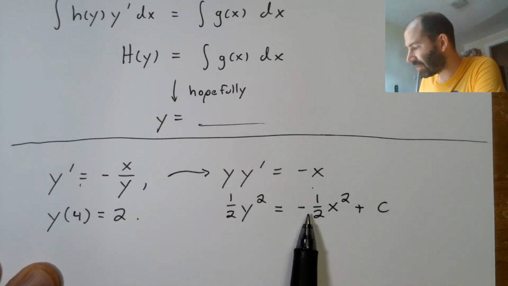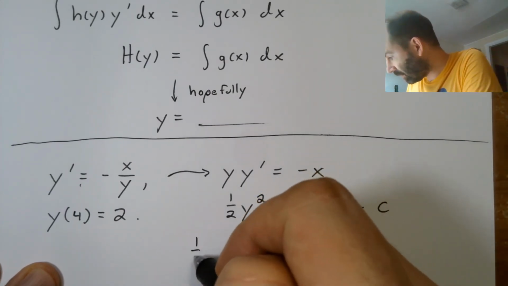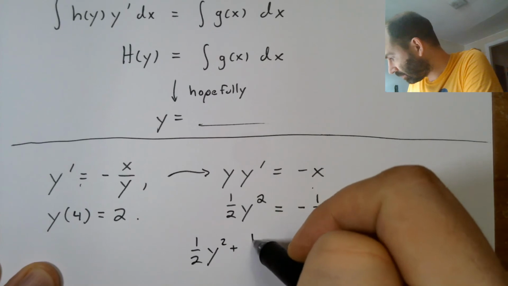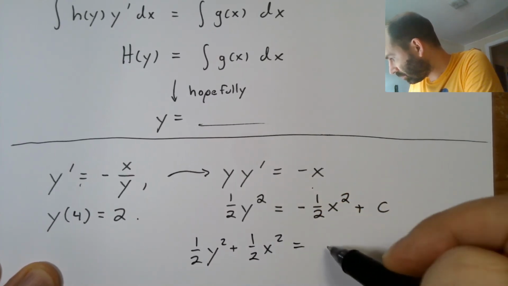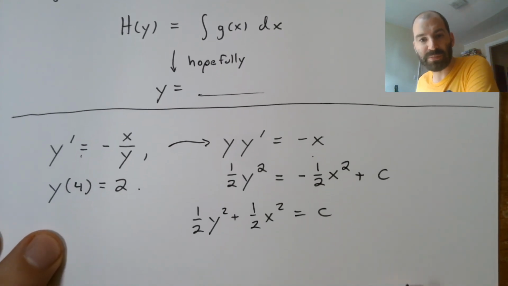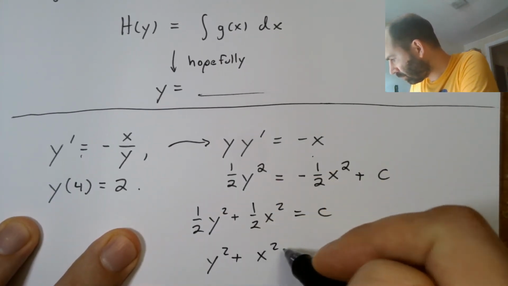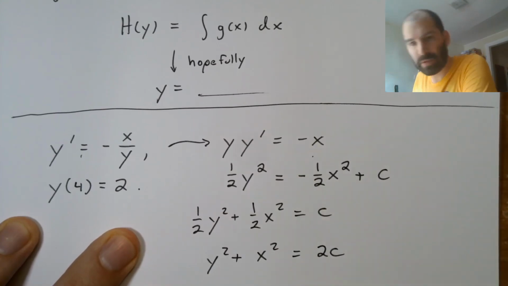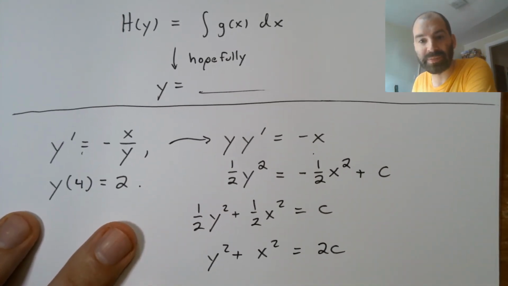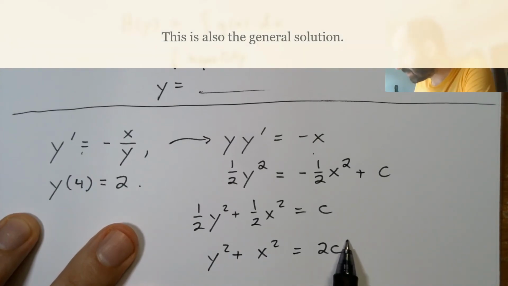So let's just add 1/2 x squared to both sides. We're almost there. We'll just multiply it through by 2. And we have this. That is a formula for a circle, where this is supposed to be the radius squared.